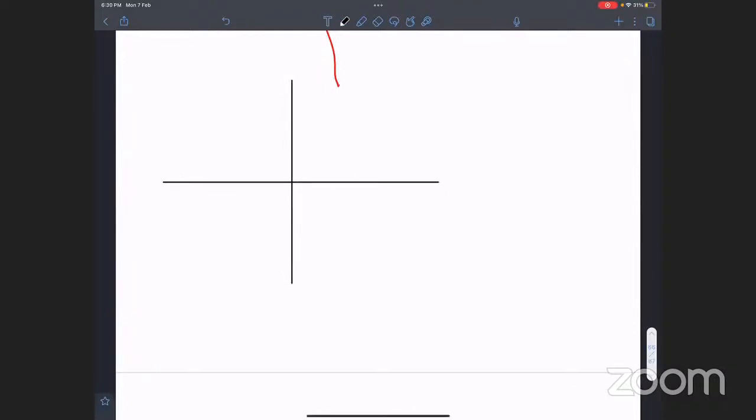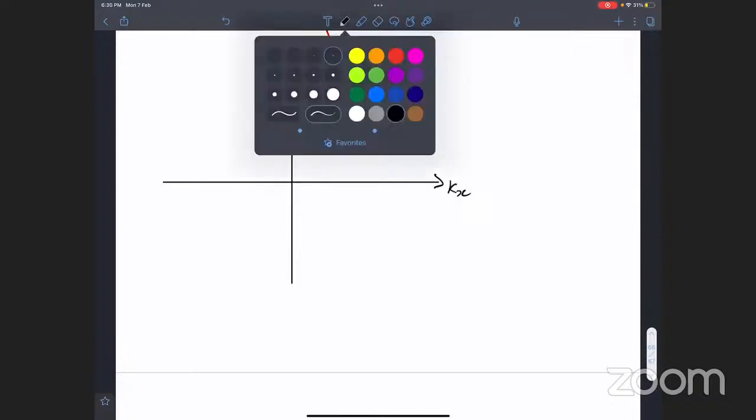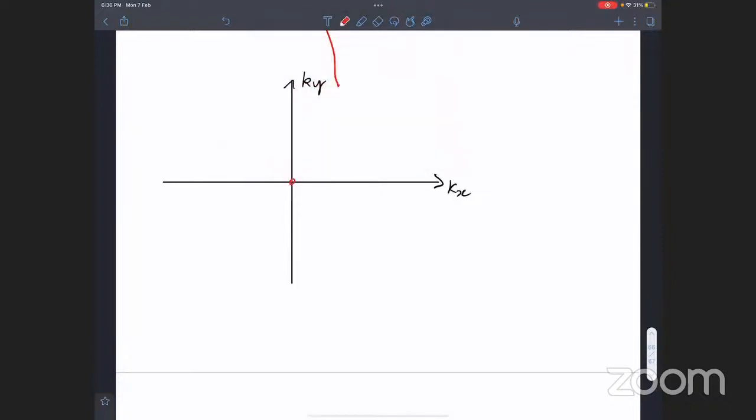A 2-dimensional quantum system can only have X and Y, so it can only have Kx and Ky. It does not have Kz. And where are the allowed states? Allowed states are here, here, here, like this. Again, the distance between this and this is once again 2 pi by L.